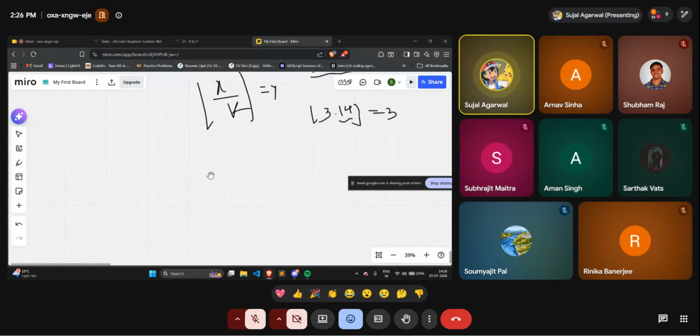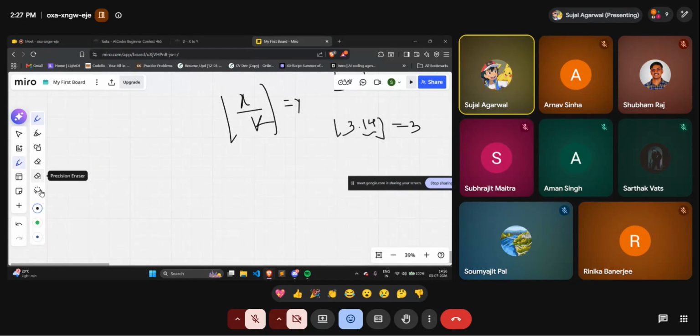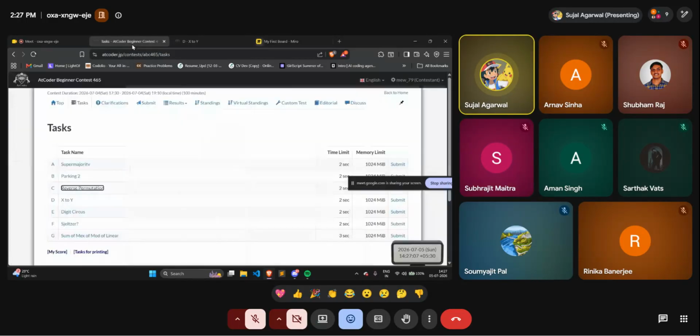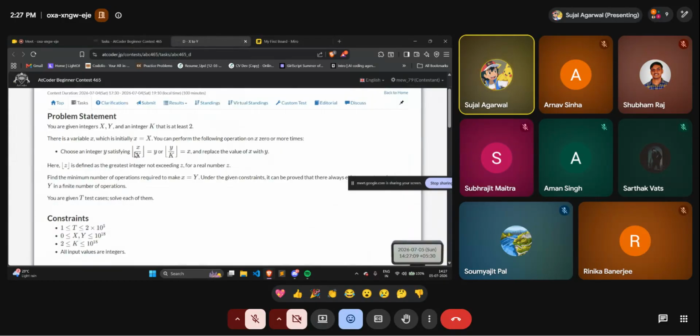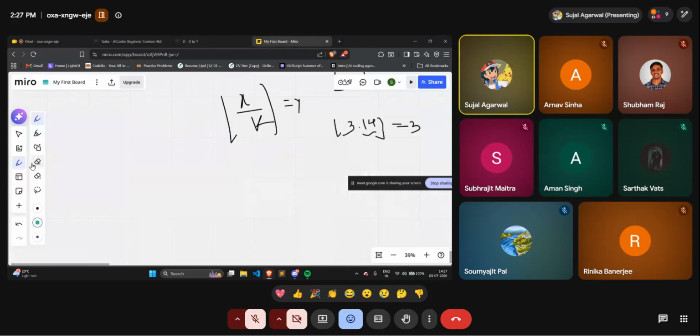And now we try to reduce this statement into something meaningful. In the question we were given two things, right? Floor of x by k can be converted to y, and floor of y by k can be assigned to x. So this intuitively means floor of x by k is y.